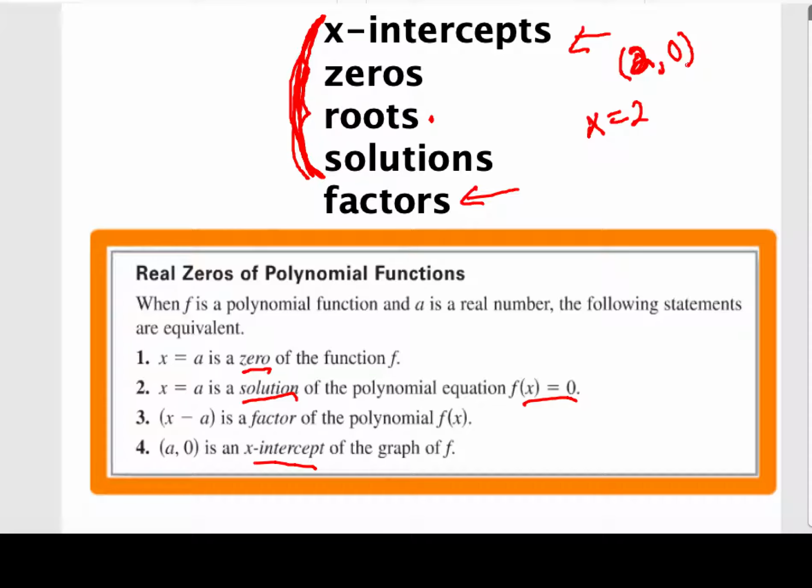Then the factor will be x minus 2, which would have been equal to 0. You can see that connection: if we add 2 to the other side, or subtract 2 in this equation, we get right back to x minus 2. So that's the connection between a zero and a factor.